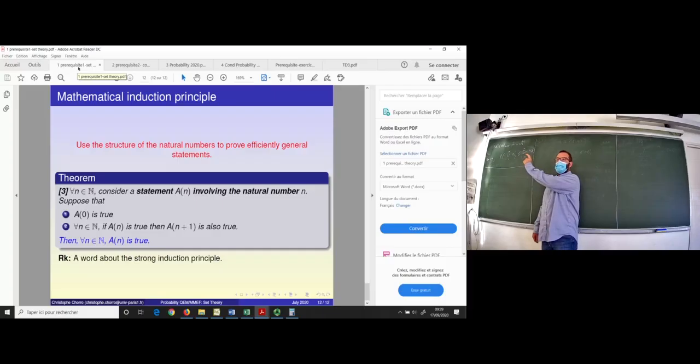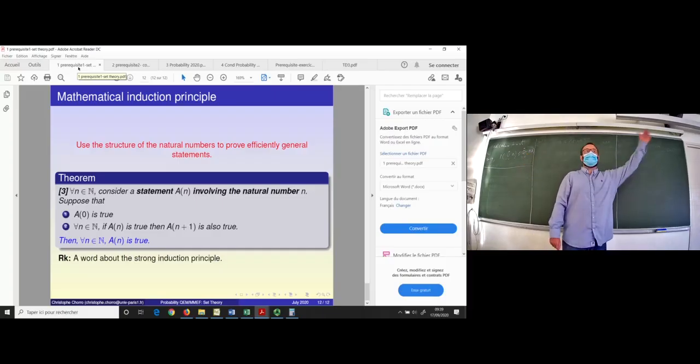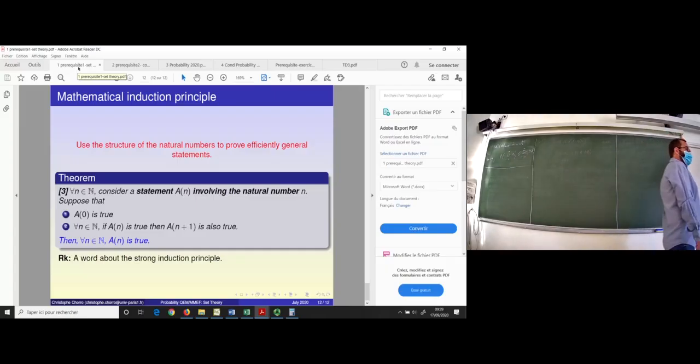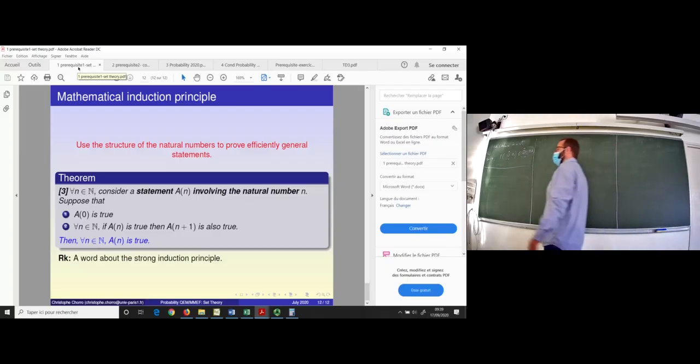In this way, the induction reasoning will tell you that it will be true for any n. So I prove that it is true for n0. I prove that if it is true for n, it's true for n plus 1. And so I prove in this way, using the theorem, that it is true for any element n in capital N.